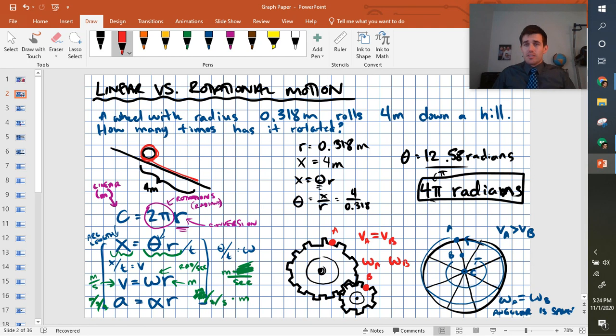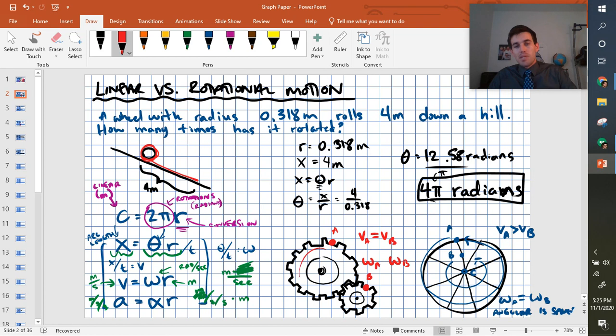Because they're both on the outside of these gears, unless the gears are grinding past each other so that they're slipping and not doing what they're supposed to, if the gears are functioning as they should be, no matter what the size difference is between them, A and B should rotate with the same linear velocity right at the outside. But you can see that A is a much bigger circle than B is.